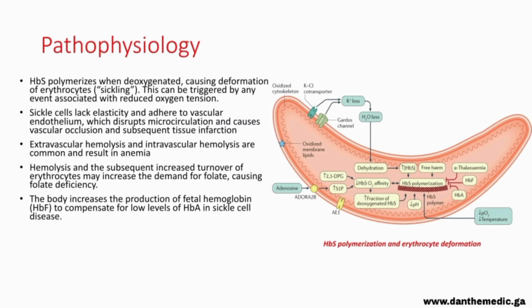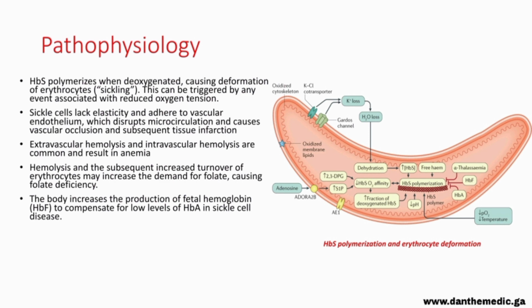So now let's talk about the pathophysiology. When hemoglobin S is deoxygenated, there is polymerization, and this polymerization causes deformation of the erythrocytes. This is usually triggered by any condition that can lead to reduced oxygen.